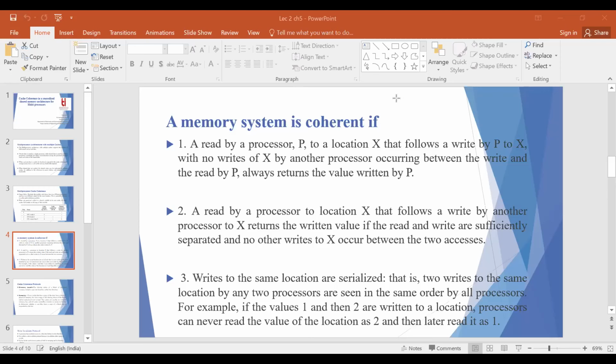So this is a processor P, right? And this is the shared bus. In a multiprocessor architecture, we always have a shared bus. So this is the shared bus, and then this is the main memory.